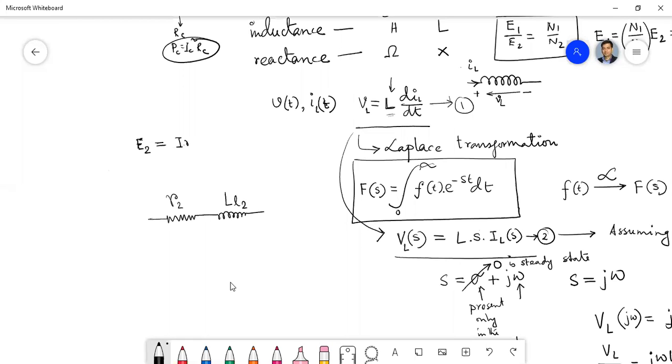Through R2 and through L2, isn't it? So let me first write in instantaneous value, then we'll go for the RMS. E2 equals I2 R2 plus LL2 di2 dt.